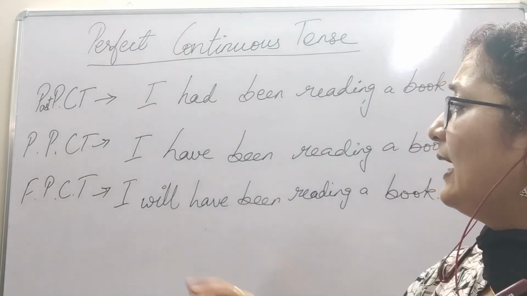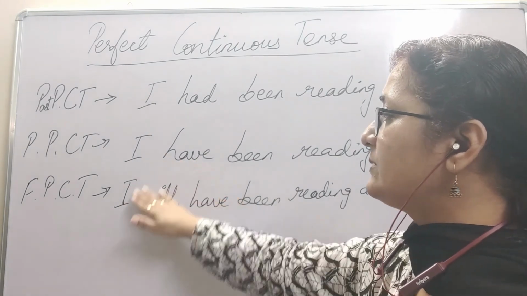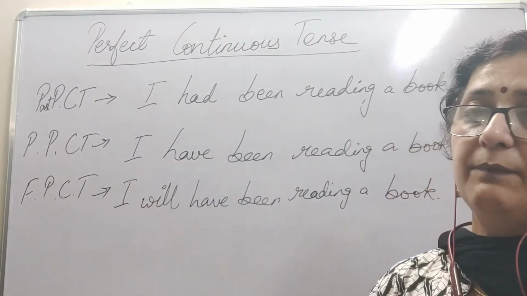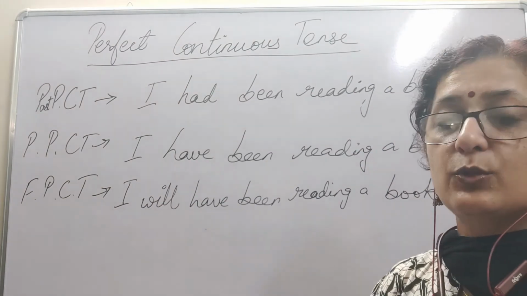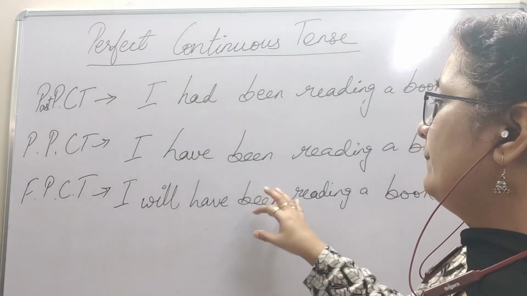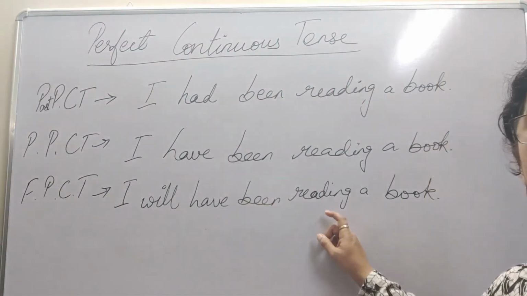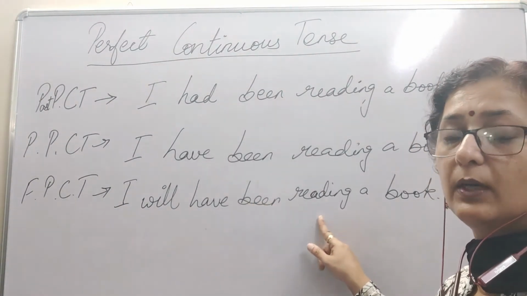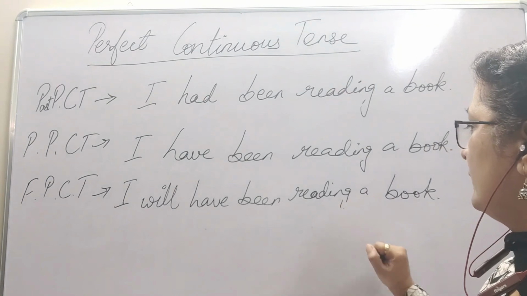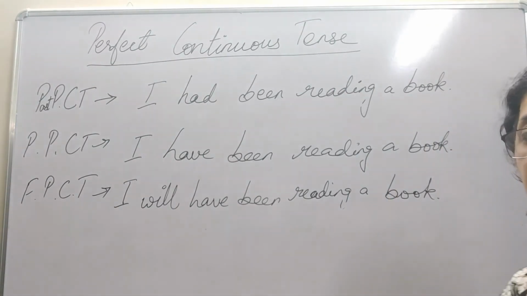Future again, I will have. Will have together is a helping verb which shows the action which will be done in the future. Been is the second helping verb, and reading is the verb with the ing form, right? And we are reading a book.